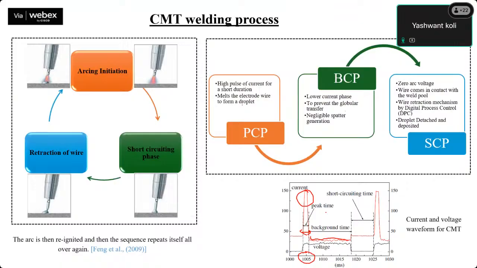We don't want that, as with globular transfer the spatter generation and heat input will be more. What CMT is good at is that after the peak current phase, the current is suddenly dropped to prevent that. At this point, the droplet is already formed.